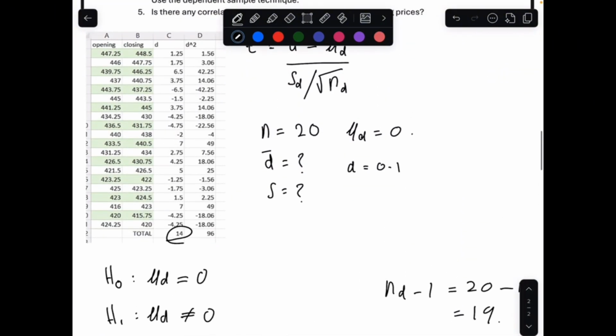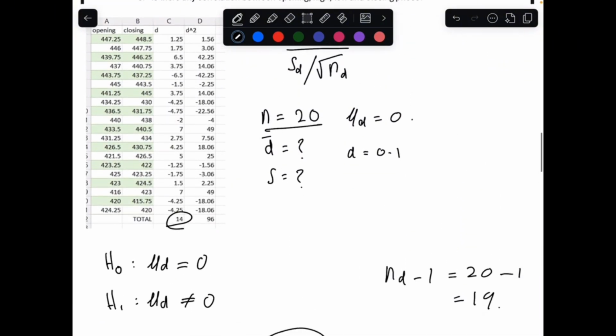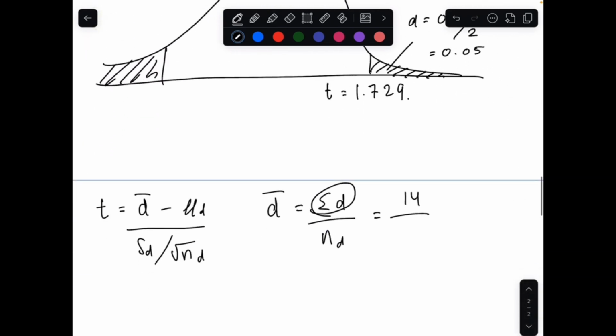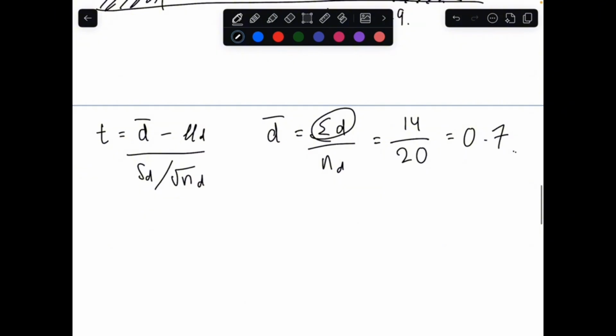How many samples do we have? We have 20, so n equal to 20. Using the calculator, the answer is 0.7, the value of D bar.